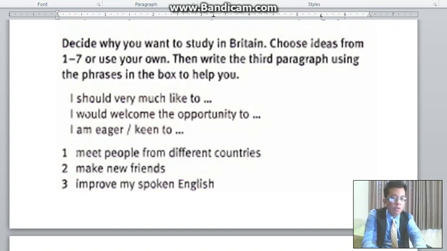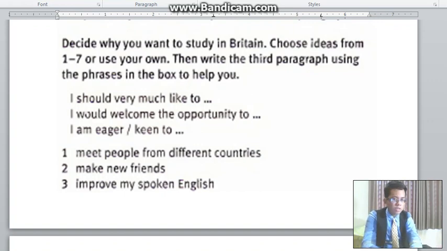So decide why you want to study in Britain. Choose the ideas from 1 to 7 or use your own. Then you can write the third paragraph using the phrases in the box to help you. So: I should very much like to, I would welcome the opportunity to, I am eager to, keen to.